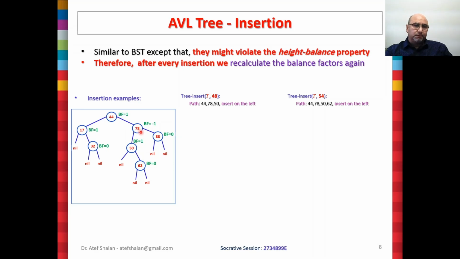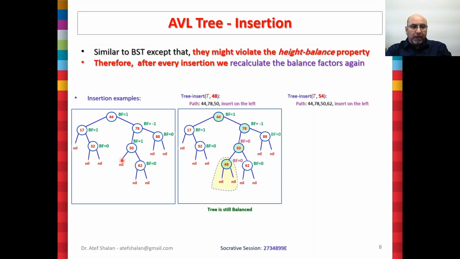Now 48 is smaller than 78, so we go to the left. Then 48 is again smaller, so I go to the left. I found nil, so here is where I can insert that node. I insert the node as the left child of node 50.